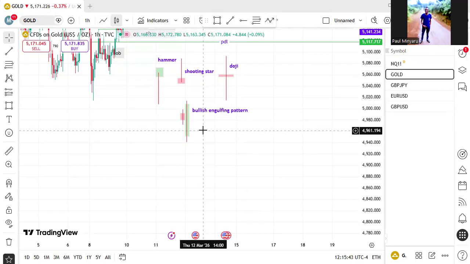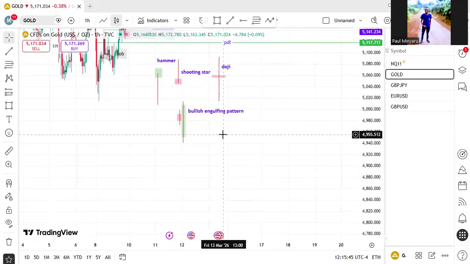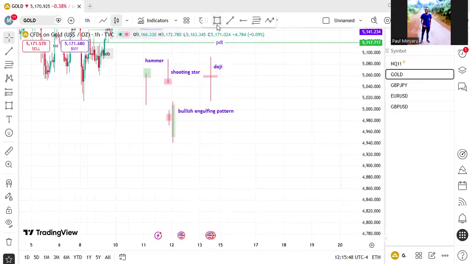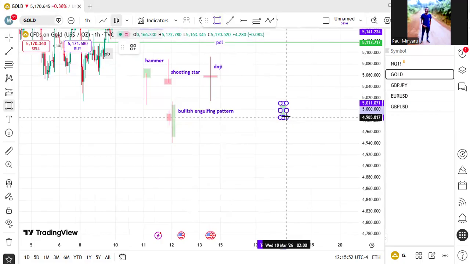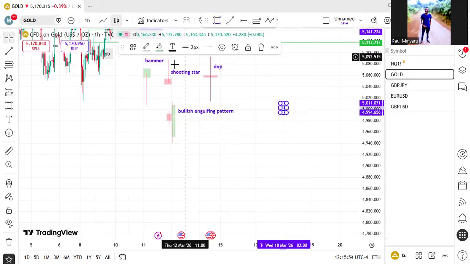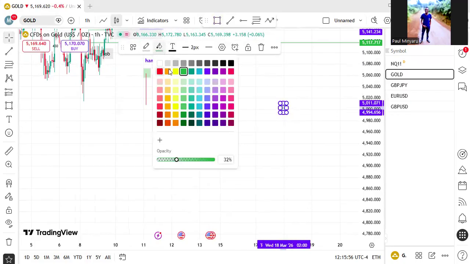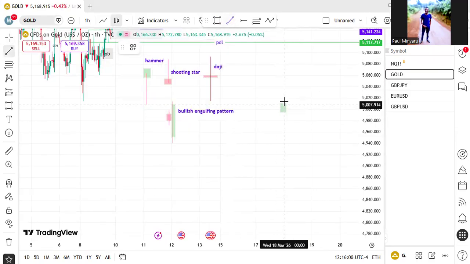Okay. That is how a bullish engulfing pattern really actually works. So we go to what we call a bearish engulfing pattern. This will be a bearish engulfing pattern.